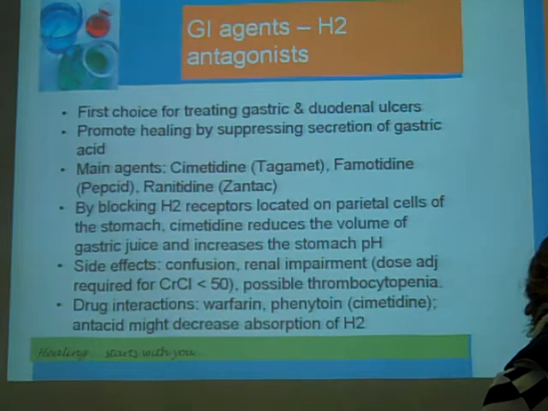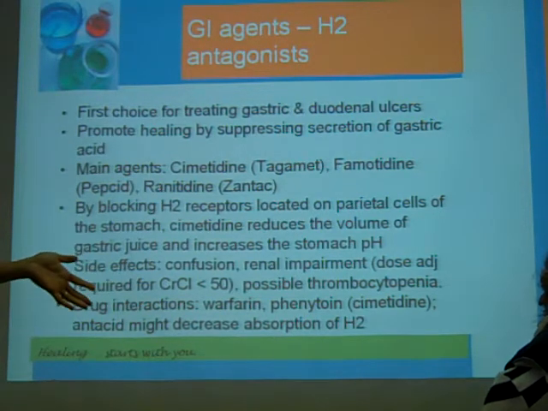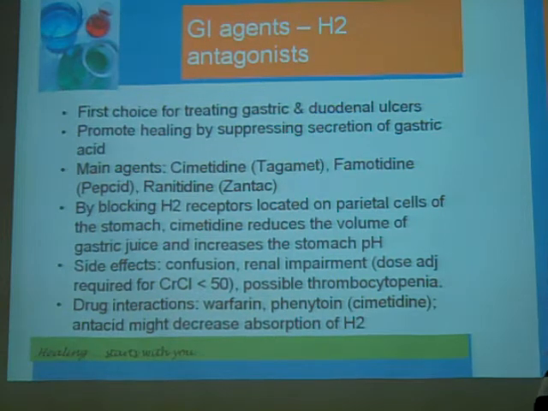Side effect, cimetidine, and we actually wish they don't provide this over the counter because Tagamet crosses the blood-brain barrier. It makes people sleepy but also confused. So it's not the best thing for our older patients. They tend to be a little bit more confused and sleepy when they take cimetidine.